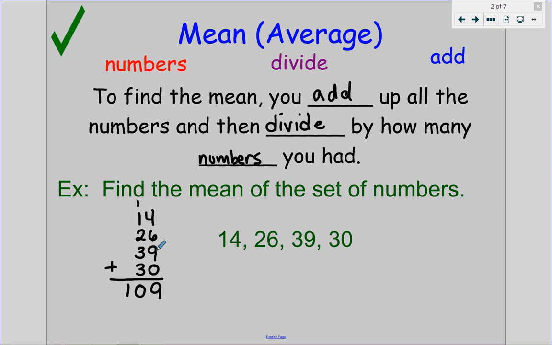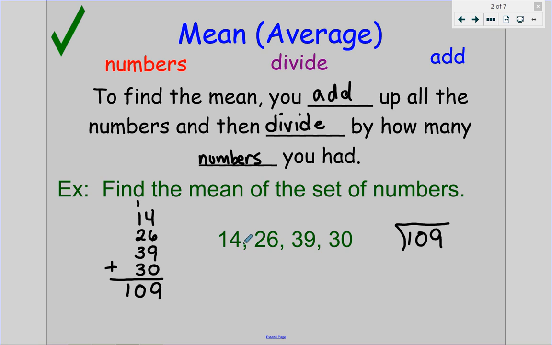This time I'm going to do 9 and 6 is 15, plus 4 more is 19. That's still the same. 3 and 3 is 6, and then 3 more is 9, and 1 more is 10. Okay, so that's correct. So now I take my 109, because if my adding's not correct, I'm probably not going to get the correct mean.